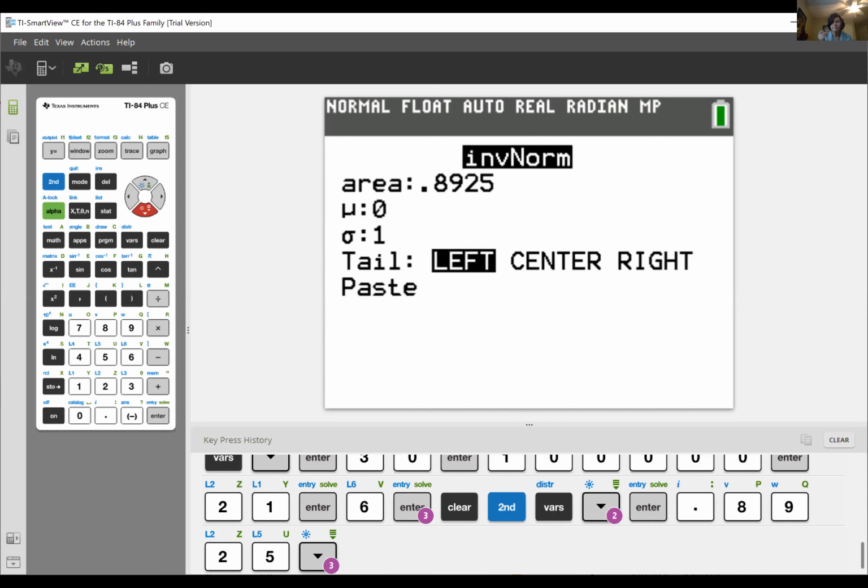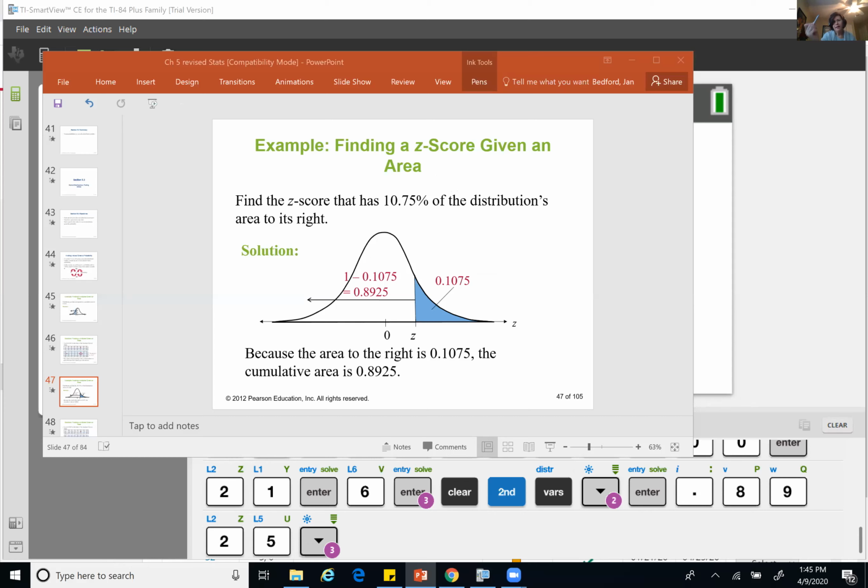Now, this is new, this is updated. You know what? They have changed this. Let me go back and just show you this for a second. If we look at this original graph, this 0.1075 is our shaded region, and it's in which tail, the left or the right?